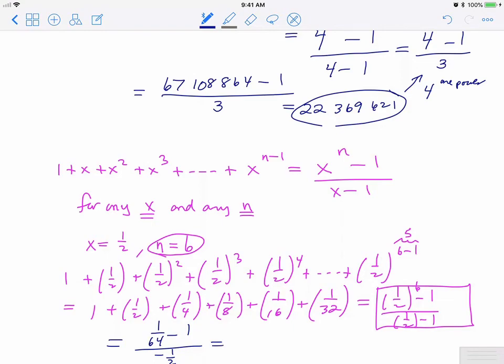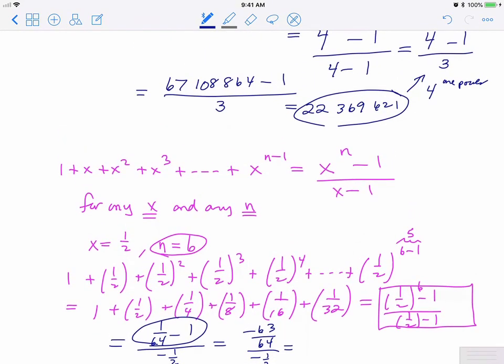Up here in the numerator, you can get a common denominator of 64, so that would be -63/64 divided by -1/2, which is the same thing as saying -63/64 times the reciprocal, -2/1. So the answer would be -63/64 divided by 2, which is 32.